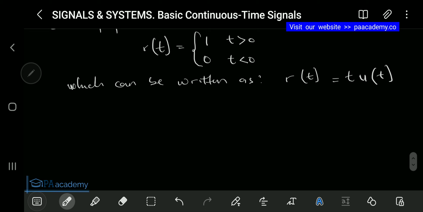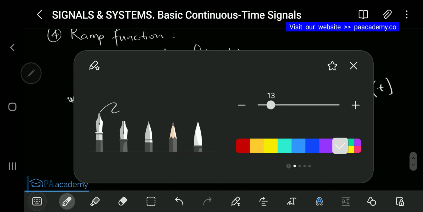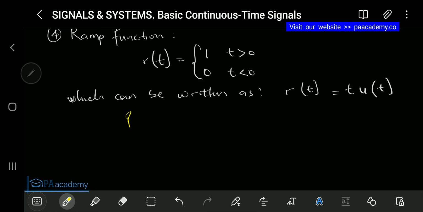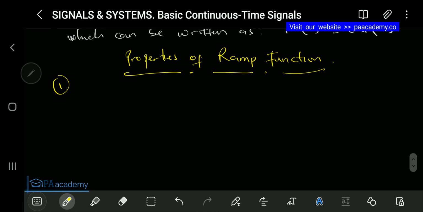So let's look at some properties of the ramp function. Number 1: r of t is equal to the integral from minus infinity to infinity of u of t dt. Remember what u of t is: it's the unit step function.